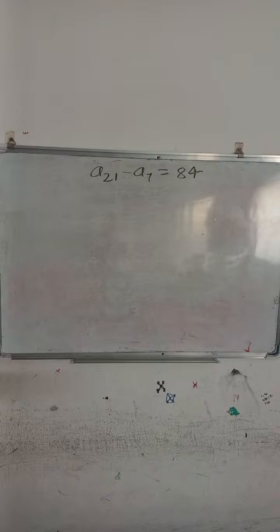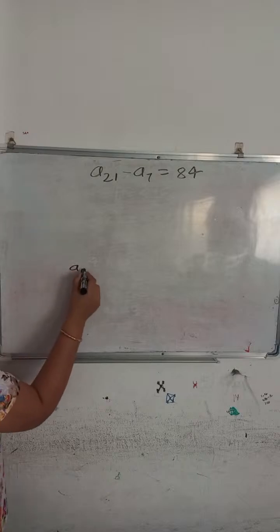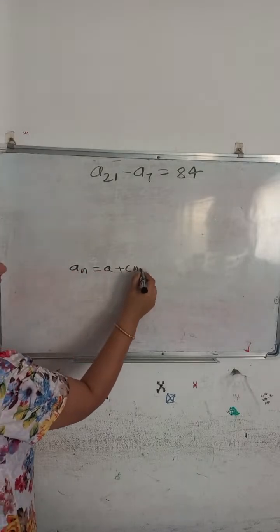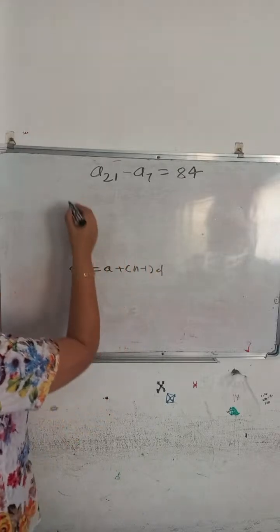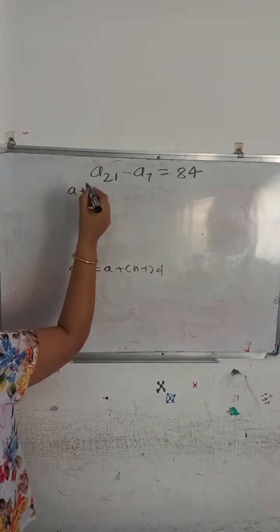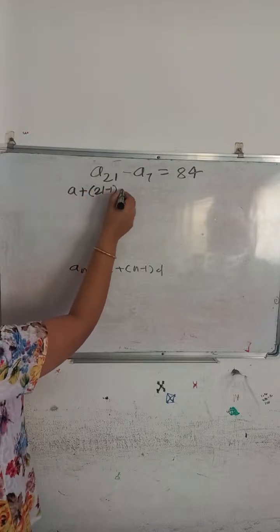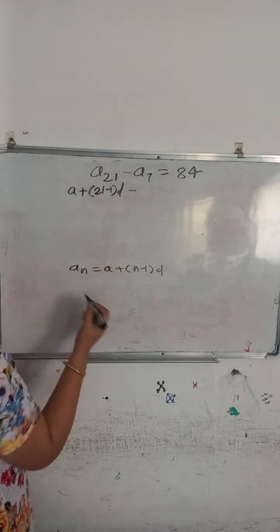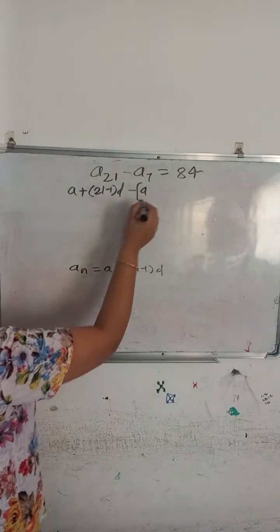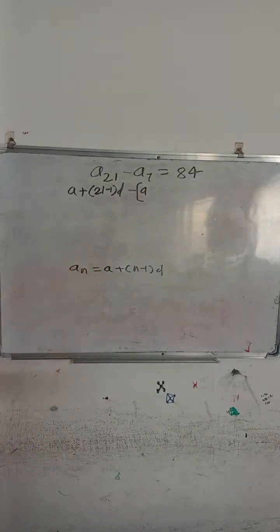So how will you get the answer here? A21 minus A7. Can you use this formula? An is equal to A plus n minus 1 into D. So here A plus, n is nothing but 21, so 21 minus 1 into D, minus, we can write here A. Put the bracket because outside there is a negative sign.